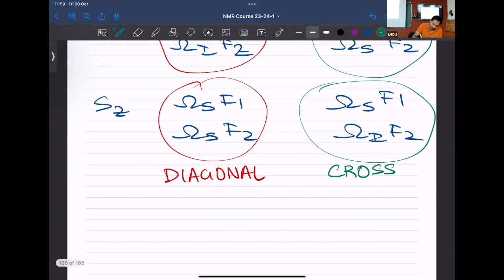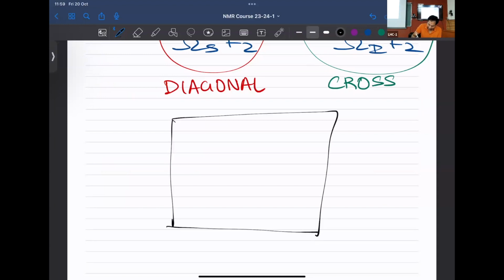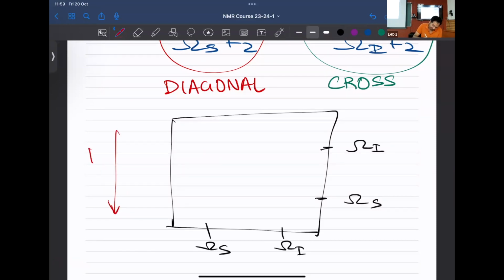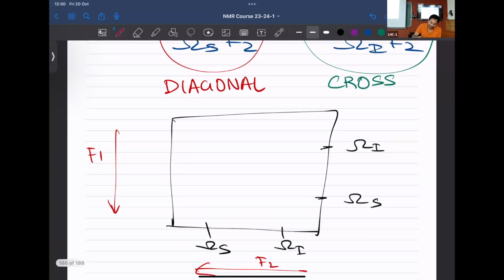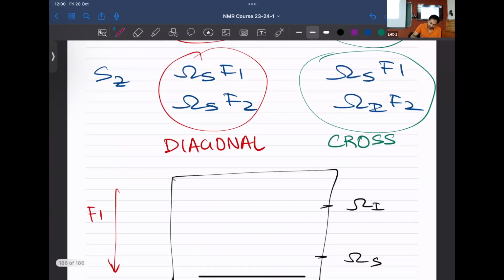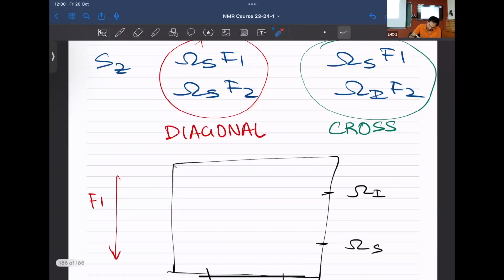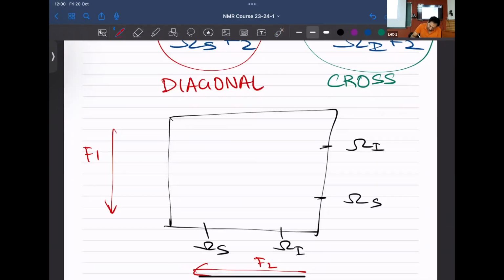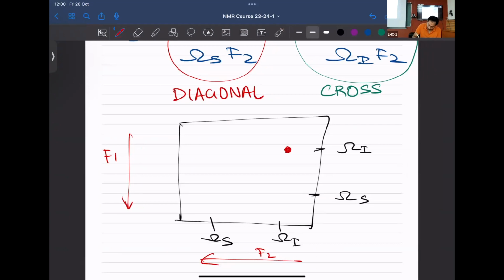What do we mean by this? Similar to the 2D correlations we have been seeing, let's say this is omega I, this is omega S, this is omega I, and this is omega S. We are talking about the F1 dimension here and the F2 dimension here in frequency. What you are able to see is that the diagonal peak correlates omega I comma omega I. So anything that comes up as omega I comma omega I and omega S comma omega S comes as a diagonal peak.